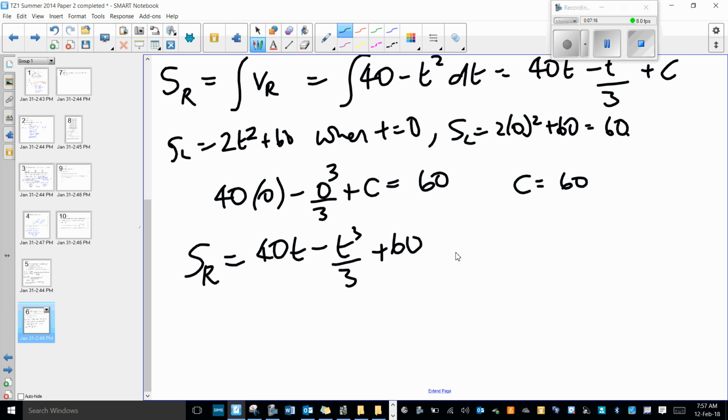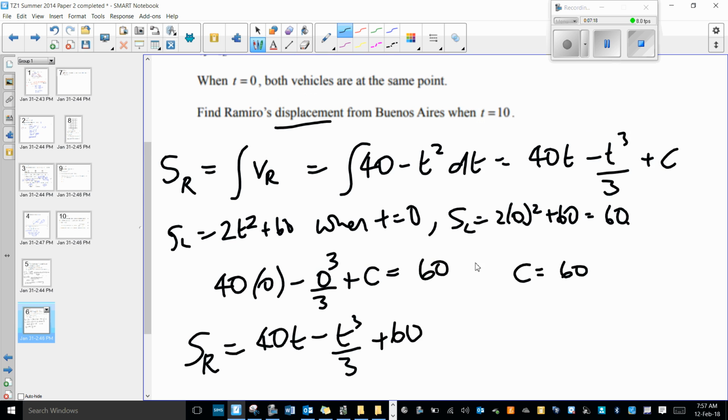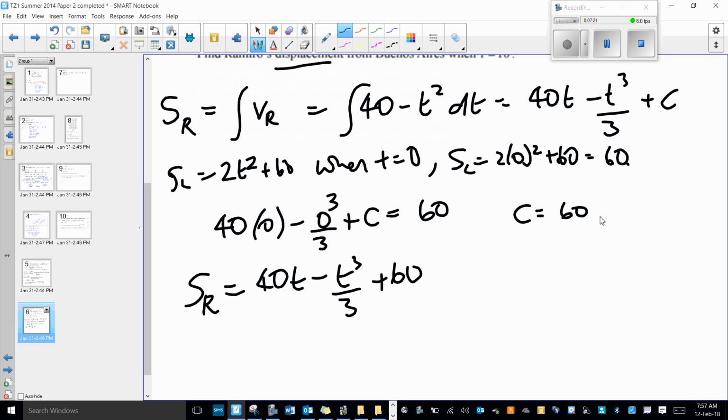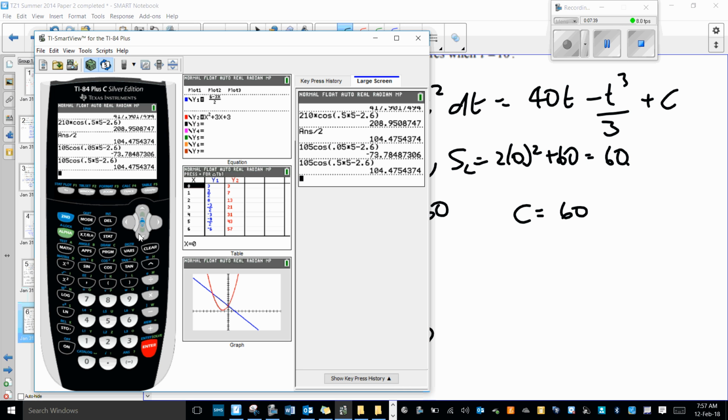We want to find his displacement when t is 10, so we're going to stick 10 into there. 40 times 10 minus 10 cubed over 3.